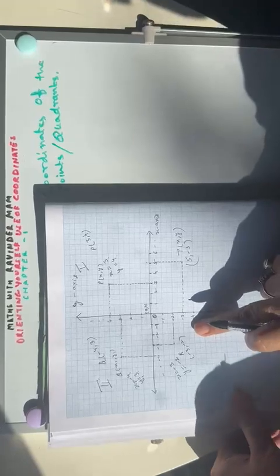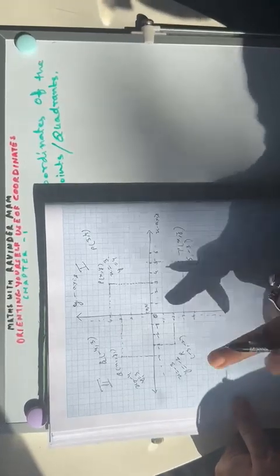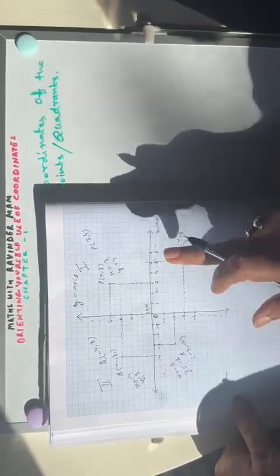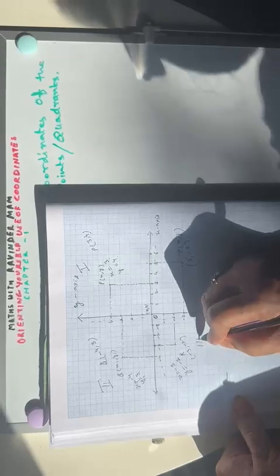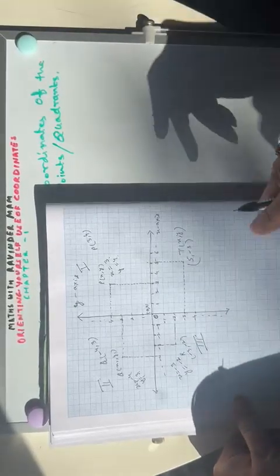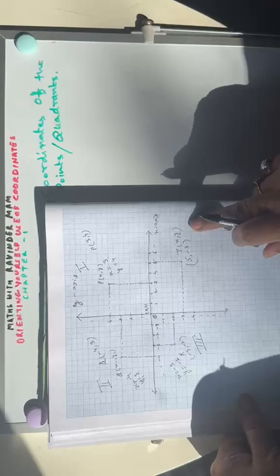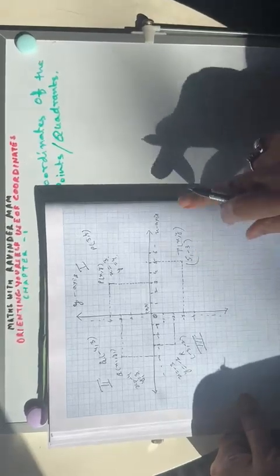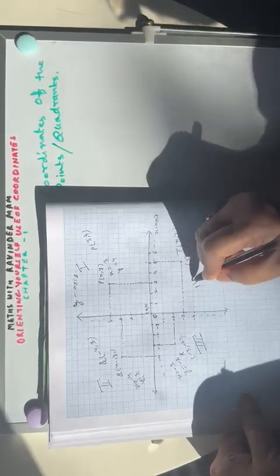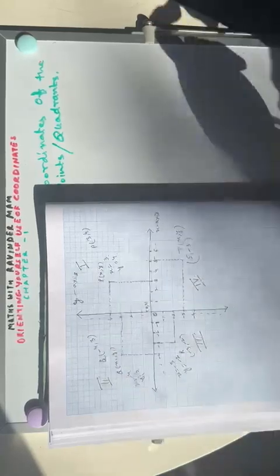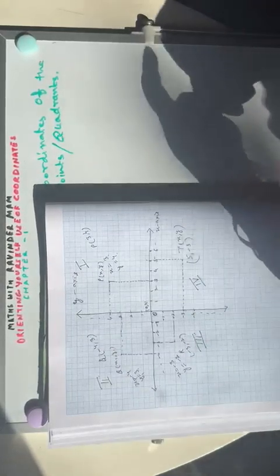And this is x equal to minus 3, y minus 2, both negative, in the third quadrant. And this is x equal to 5, y minus 3, x positive, y negative, fourth quadrant. I think it is very clear to you in which quadrant they are.